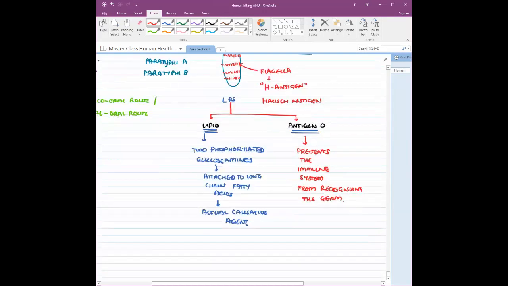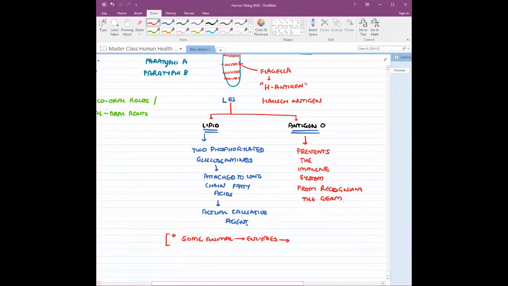Now what happens, guys? Even if we look at certain animals, some animals will never get typhoid. So what is the mechanism behind them? How do they prevent this from happening? What we have observed is that some animals possess enzymes, and these enzymes cleave the bond between the phosphorylated glucosamines.